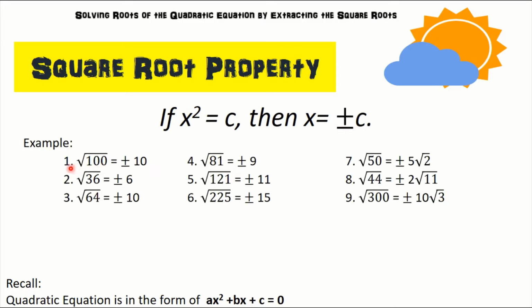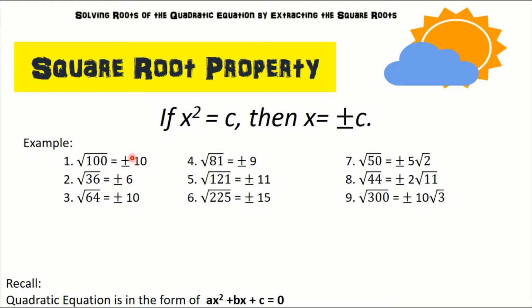As you can see on numbers 1 to 6, yung mga numbers sa loob, or yung tinatawag natin na radicand, ay perfect square numbers. And yung value ng mga radicals na ito ay dalawa, isang positive at isang negative. Halimbawa, itong square root of 100 is equal to positive and negative 10.